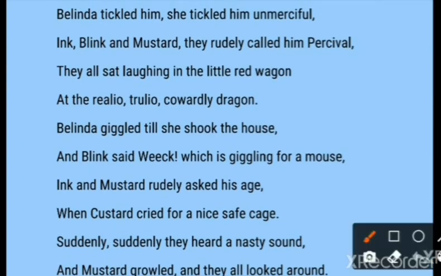And another technique which has been used here is personification. I think this personification is from the very beginning of the poem. When Ink, Blink, and Mustard are filled with human characteristics.